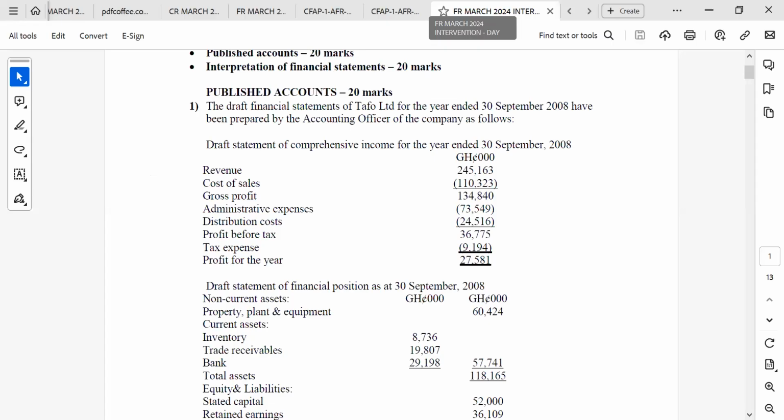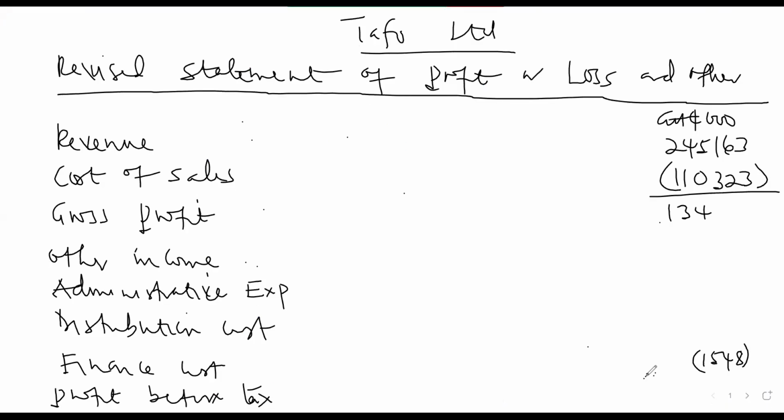Okay, our gross profit will still be the same figure. 134,840. Okay, we don't have any other income, so you put dash there, isn't it?